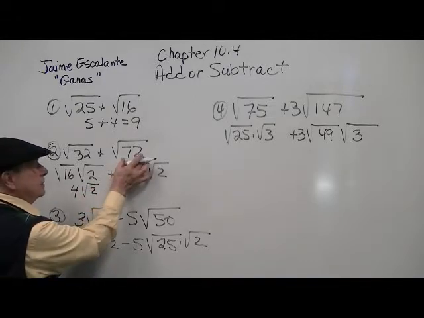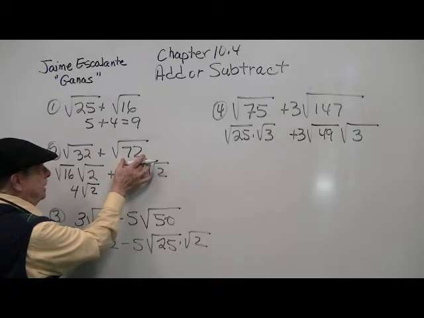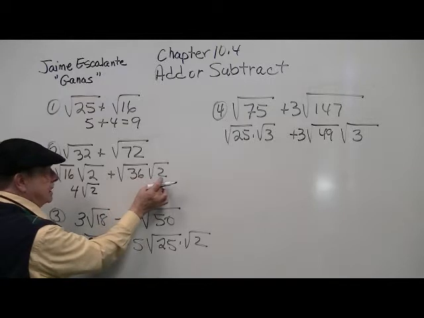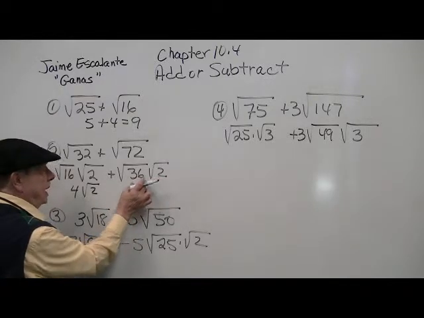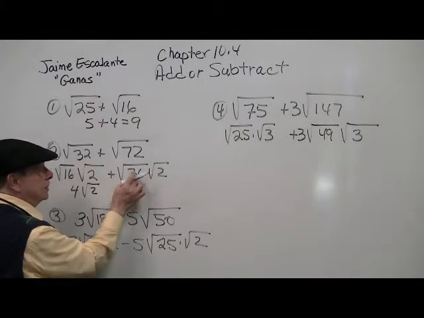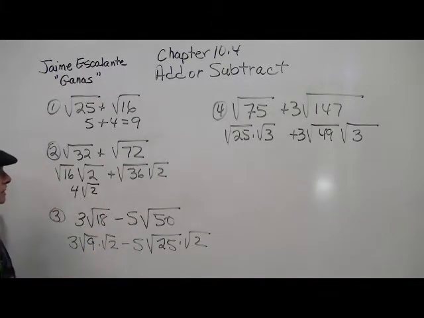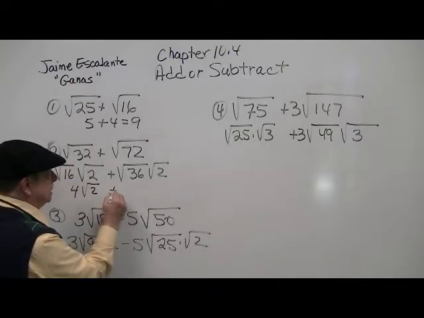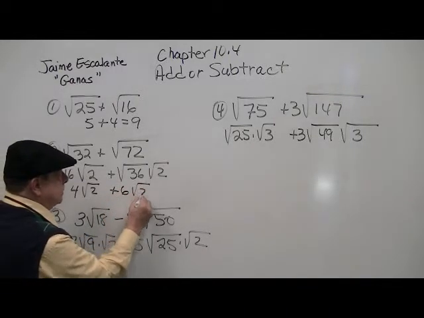And then this one was 72. And if we divided that by 2, we get 36 times 2. And 36 happened to be a perfect square factor of 72. So this then becomes plus 6, the square root of 2.